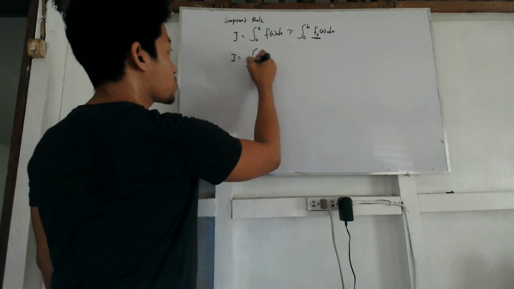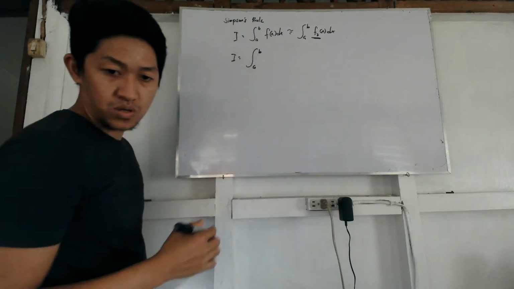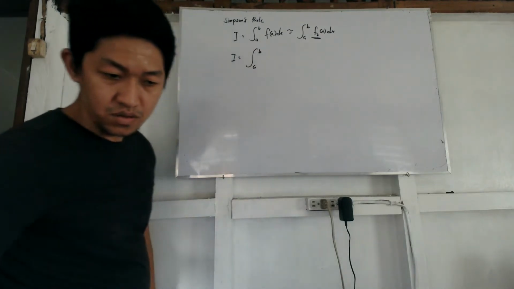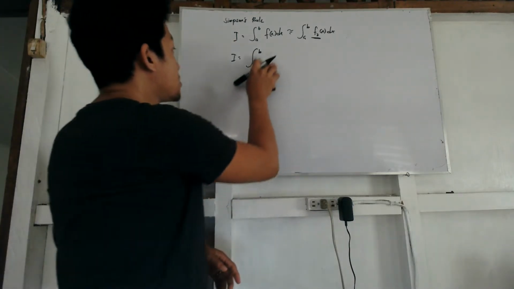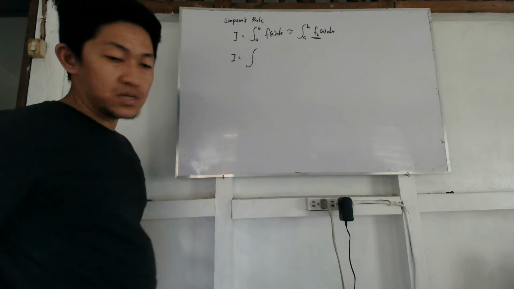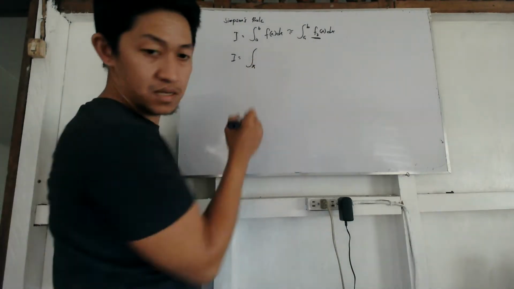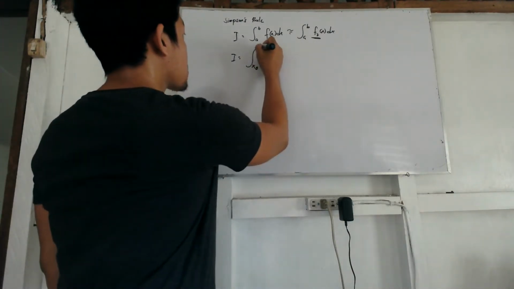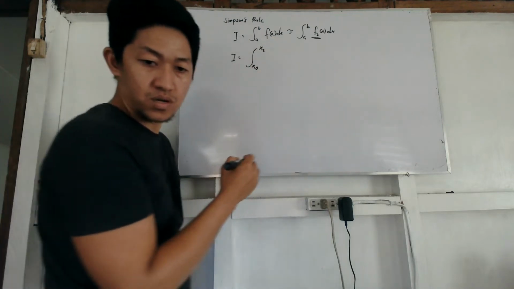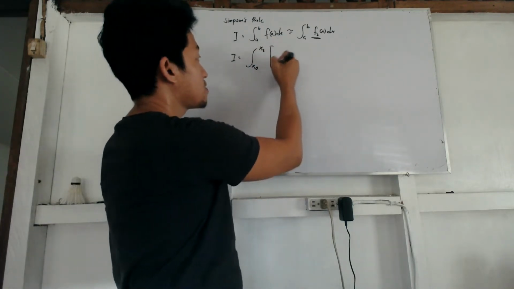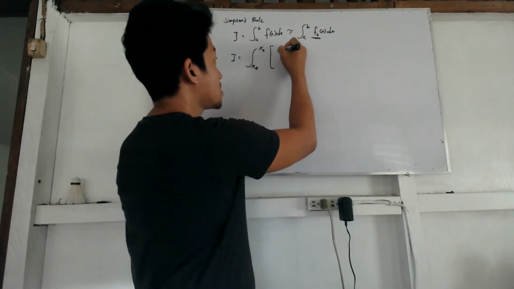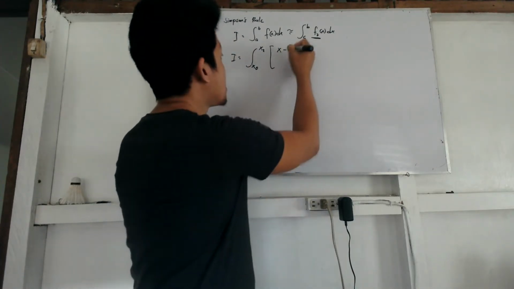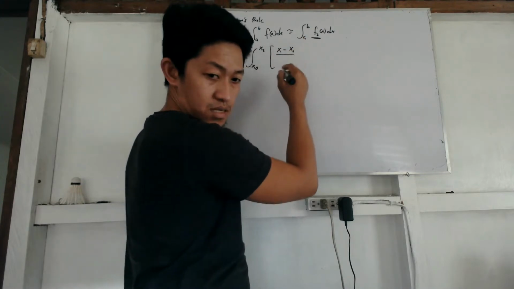Since we'll be using 3 points, x sub 0 to x sub 2, the integral of the Lagrange polynomial has a long formula, with terms like x minus x1.